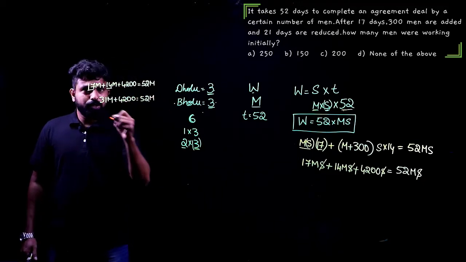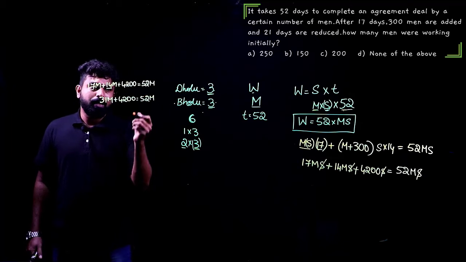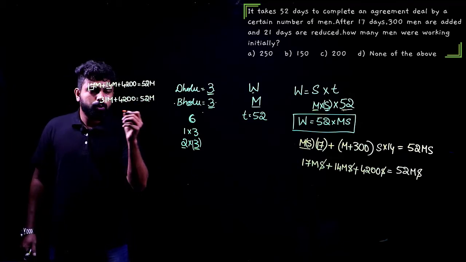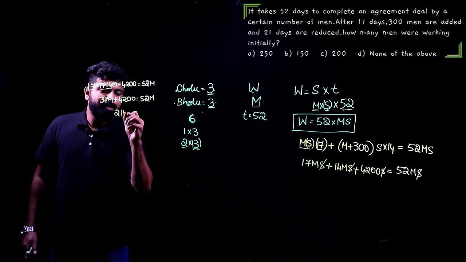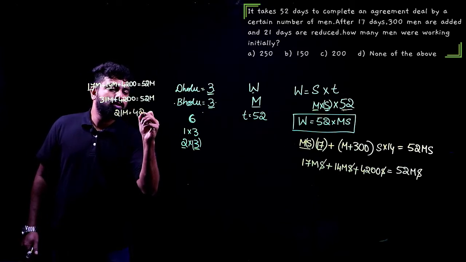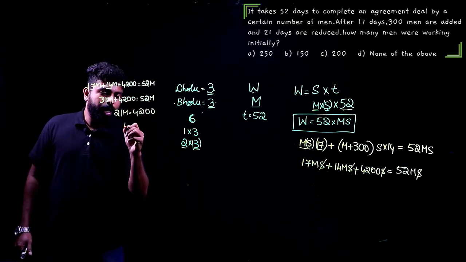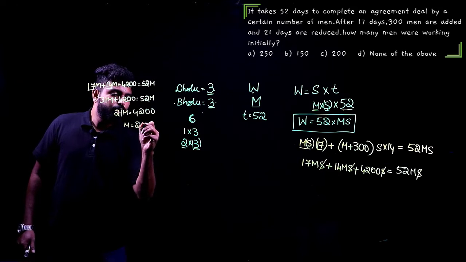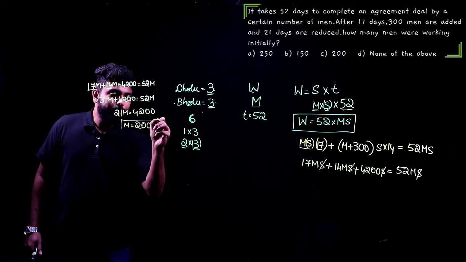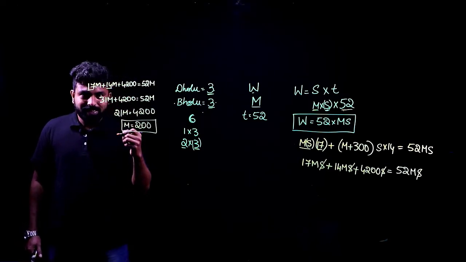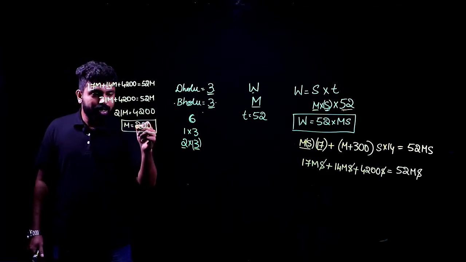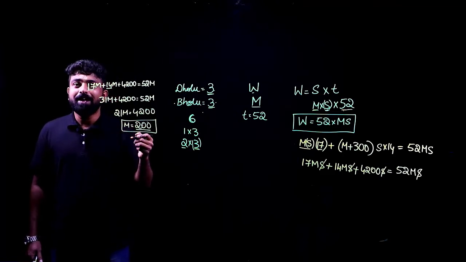Now, if I take this to the other side, it will become minus 31. So 52 minus 31 will be 21m. So 21m will be equal to 4200. So m will be equal to 200. So if my m is 200, it means initially there were 200 men working on the project, which is my final answer.